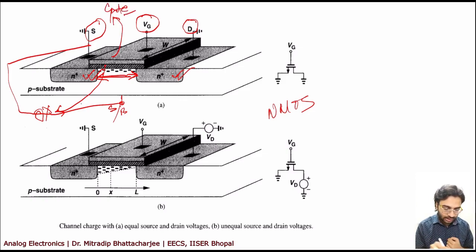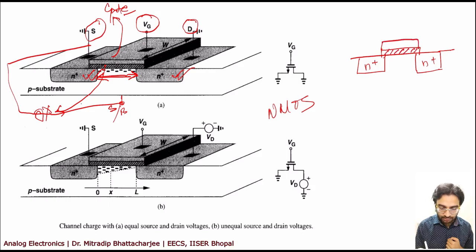Okay, so if I take only the cross section, you will find this is N plus. Then you have oxide, then you have the gate, and this is your substrate.